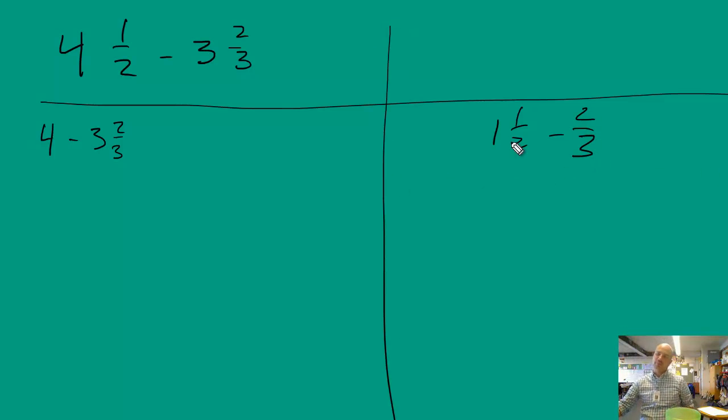And you're finding common denominators over here. 4 minus 3 is 1, and then subtract out 2/3. You're left with 1/3, and then you need to add in your 1/2. Over here, you've got to flip it into halves. How many halves is 1 1/2? It's 3 halves, right? 3 halves minus 2/3, and solve from there.